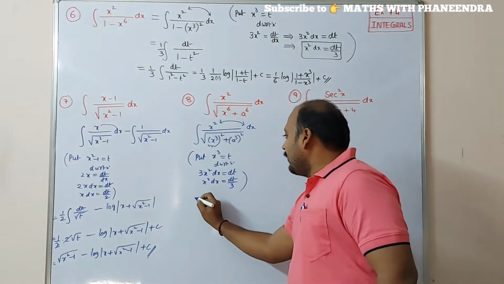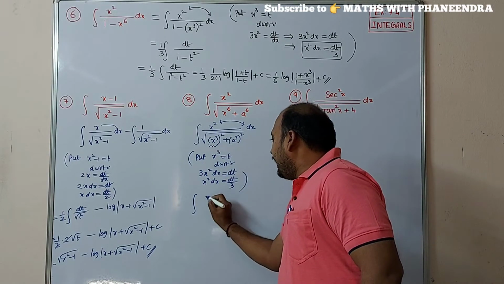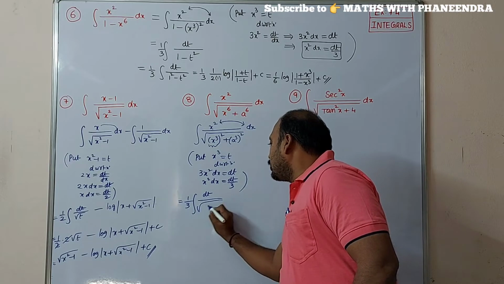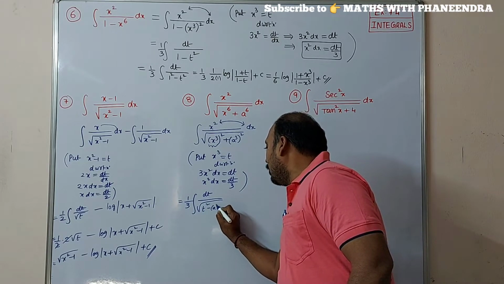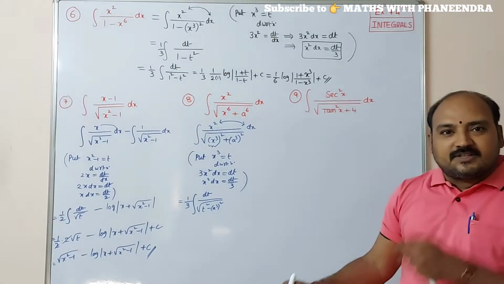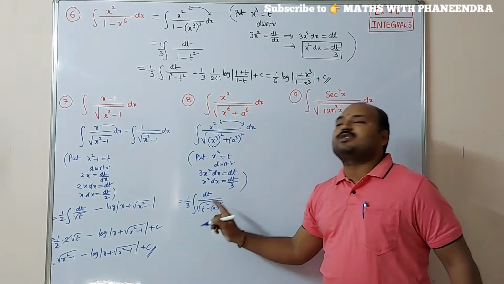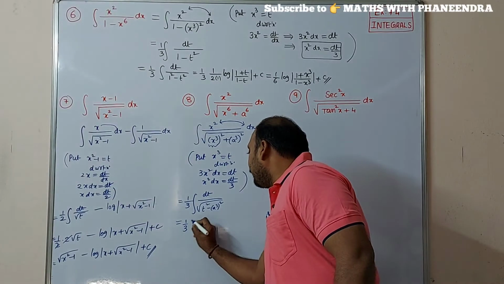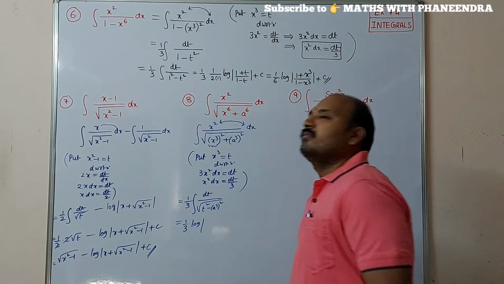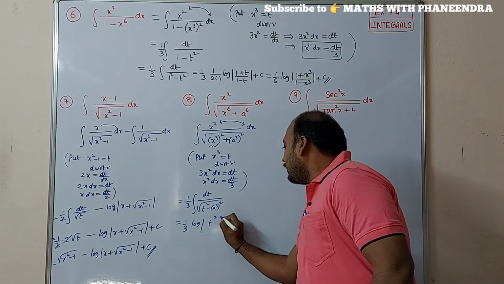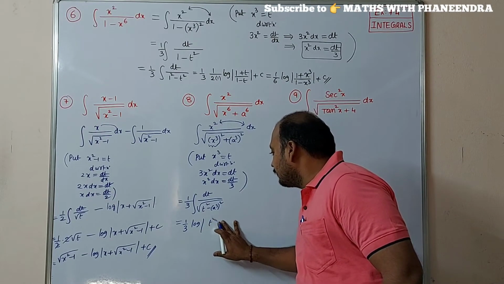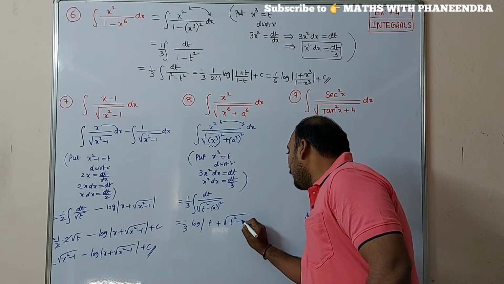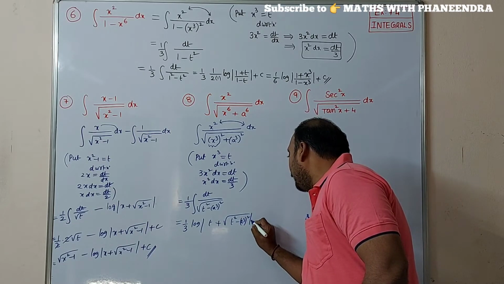So this given integral becomes integral dt by 3, so 1 by 3 we can take out, by root of t square minus a cube whole square. It is in the form of integral 1 by root of x square minus a square, log mod. So 1 by 3 log mod t plus root of t square minus a cube whole square plus c.